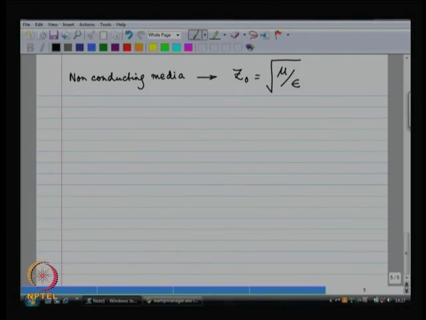If it is a non-conducting medium like the atmosphere, it does not conduct current, charge, then the characteristic impedance is square root of mu by epsilon.